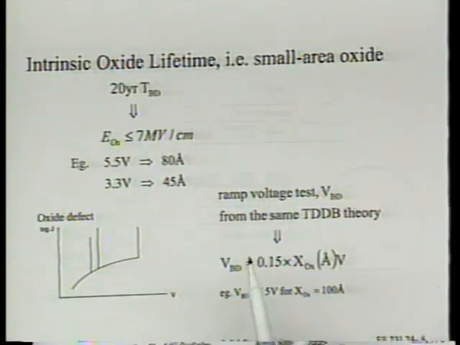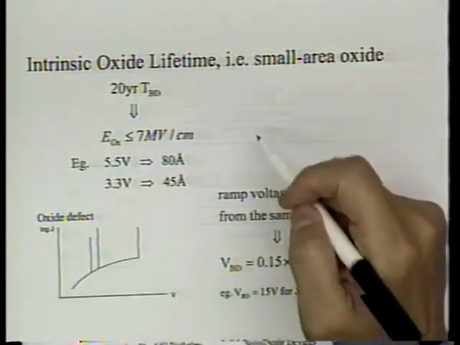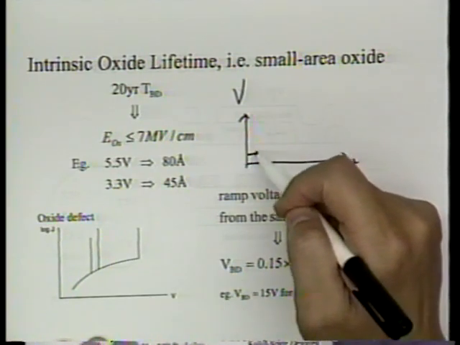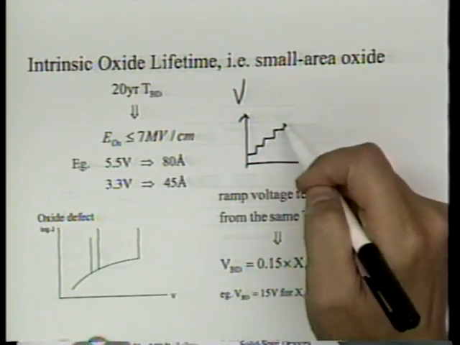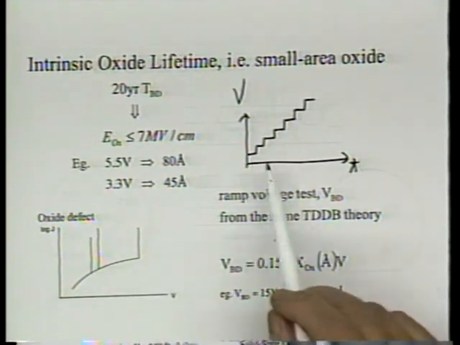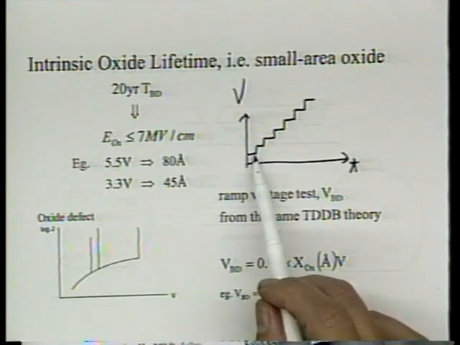What you do is take a capacitor and ramp up the voltage. Usually we use a linear ramp, usually a staircase. So this will be time, and this will be the applied voltage, or applied staircase voltage. While we apply the voltage, we also measure the current.